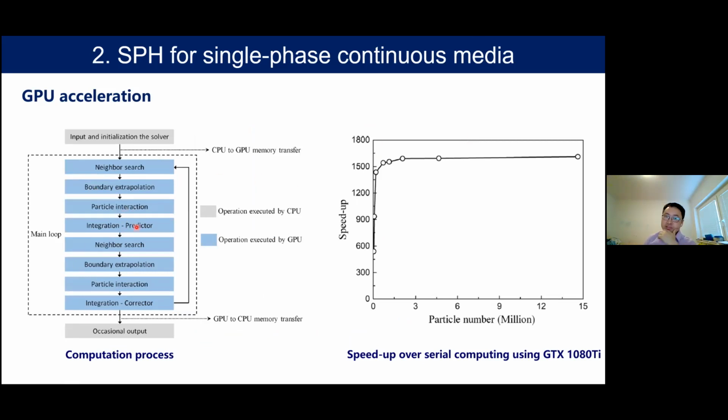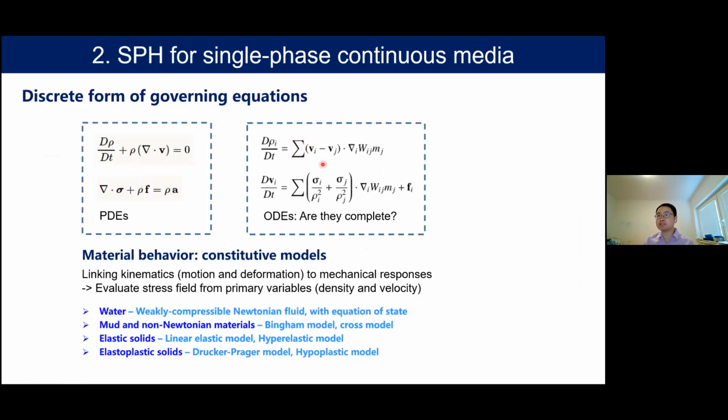And here the process is that, for example, first you read all the input data and initialize the solver. And because you are summing over neighbors, you need to find the surrounding particles to do the computation here, because the summation is over all the particles in the support domain. But the particles in your support domain are always changing. So in every time step, you need to search the particles in the support domain.